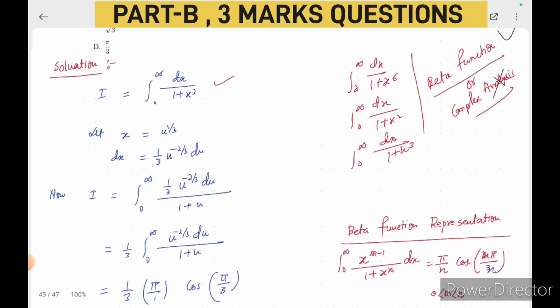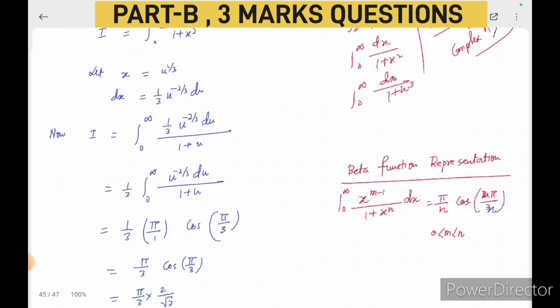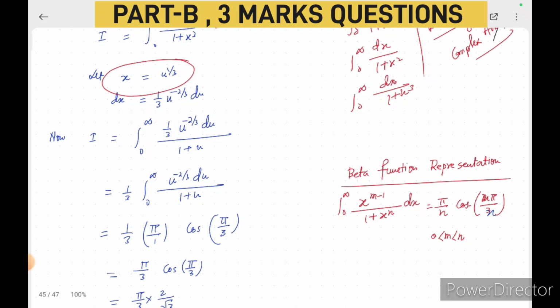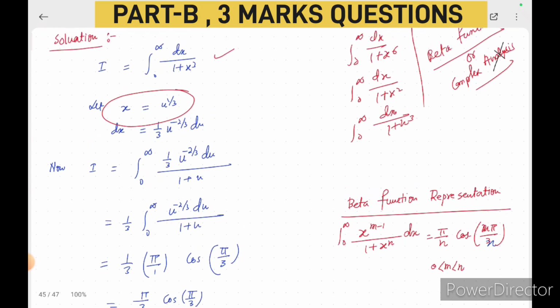Okay, so let us take x equals u to the power 1 upon 3, because x cube is given. If x square is given, we take u to the power half. If x to the power 6 is given, we use u to the power 6, etc. So dx equals 1 upon 3 u to the power minus 2 by 3 du.